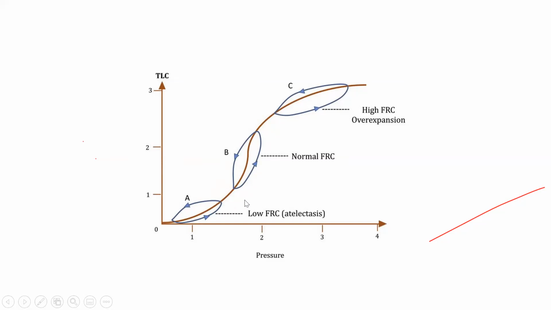To prevent the lungs from coming back to the zero phase of the volume, you're trying to preserve what we call FRC, functional residual capacity. Functional residual capacity can be achieved by providing positive end expiratory pressure, the PEEP or the CPAP, whichever you call it. So the PEEP or CPAP preserves the functional residual capacity.